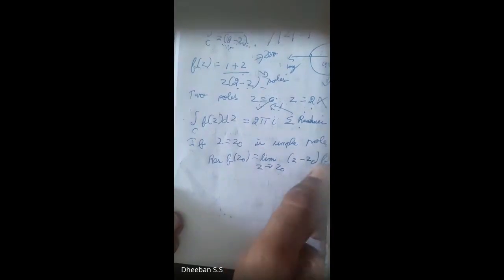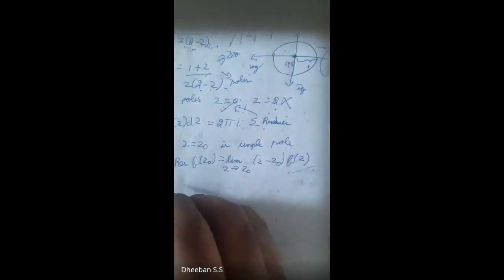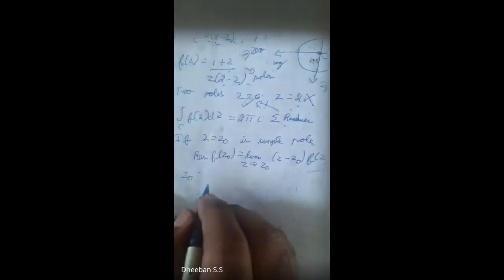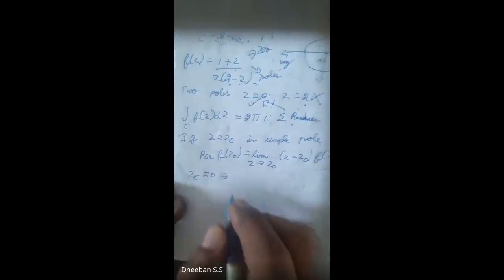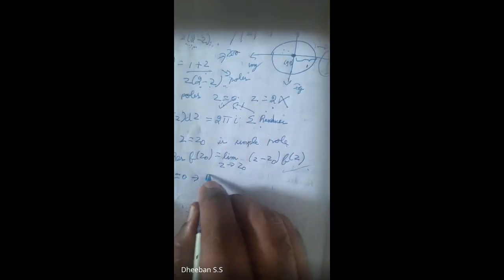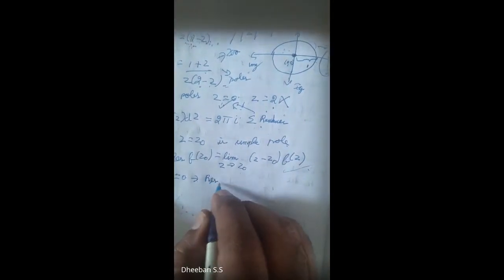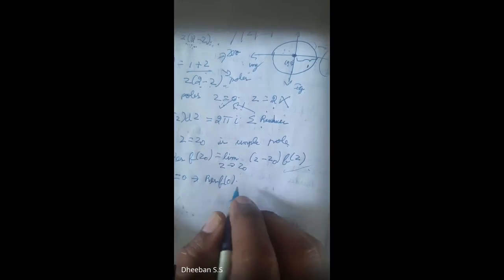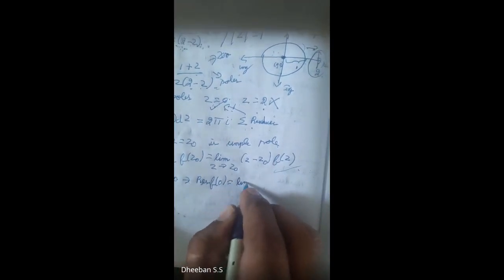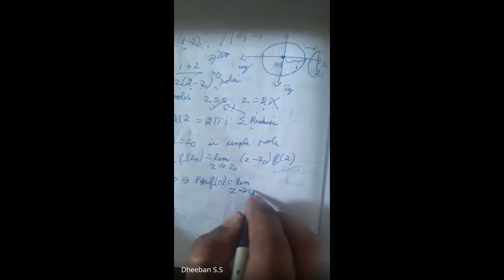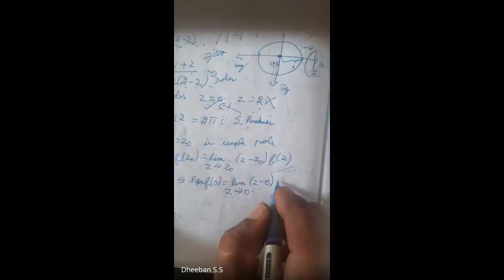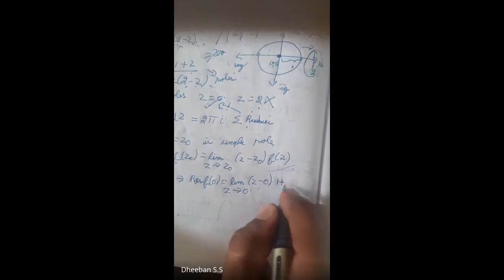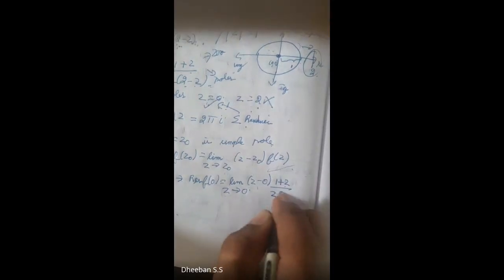Here your z naught value is 0. Putting that in, we get the residue of f at 0 equal to the limit as z tends to 0 of z minus 0 into f of z, which we directly apply: 1 plus z by z into 2 minus z.